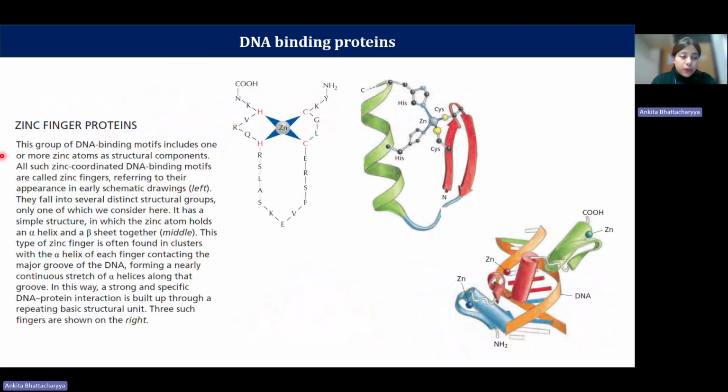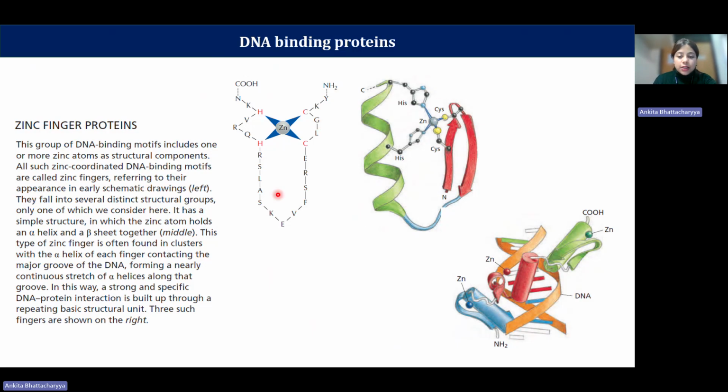Then we also have zinc finger proteins, which are ZFNs, something we spent a lot of time on. This group of DNA binding motifs includes one or more zinc atoms as a major structural component, and all such zinc coordinated DNA binding motifs are called zinc fingers.